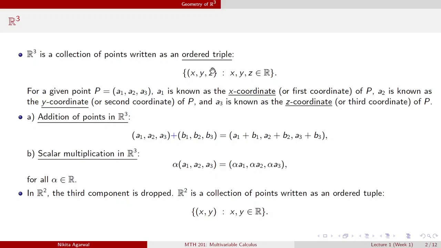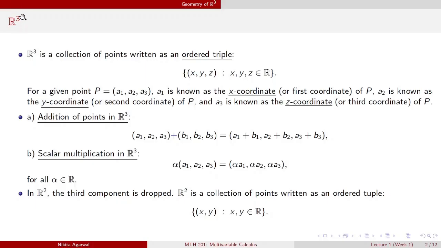So in R2, the third component is dropped. This third entry, which is z, is dropped. And R2 is the collection of points written as an ordered tuple (x, y) in round brackets. You will see later that there is also R to the n, where n is the superscript for any natural number n.